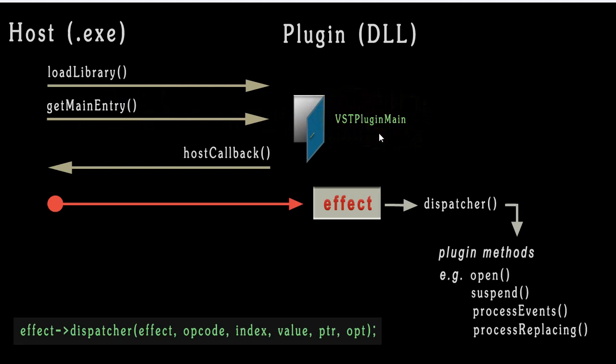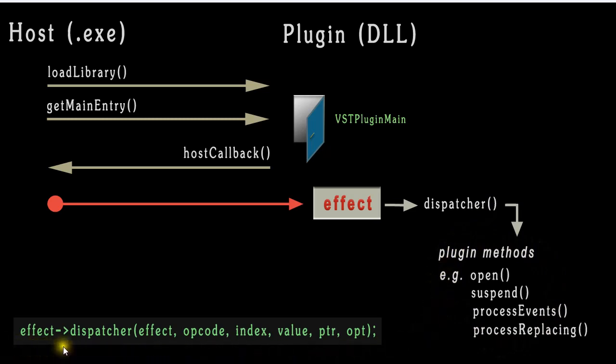With that entry point, we are now able to set up a communication channel between the host and the plugin. The plugin can talk to the host via a callback function, and the host gets access to the plugin's methods through this effect object. In the host, we will have a pointer to this object. One of the members of that object is the dispatcher, which is a function through which the host can instruct the plugin to execute one of its methods.